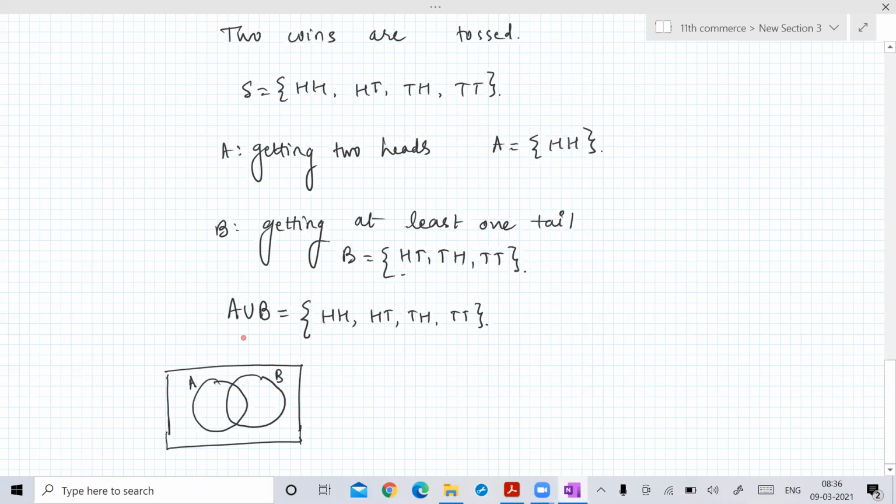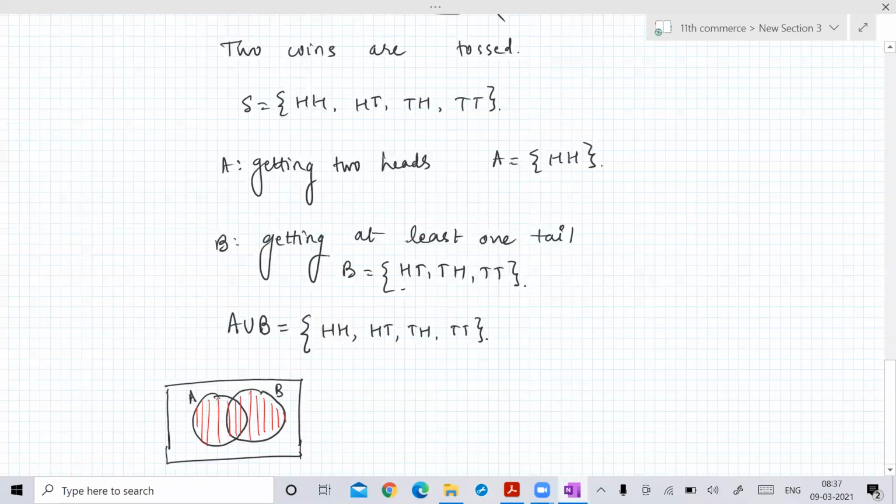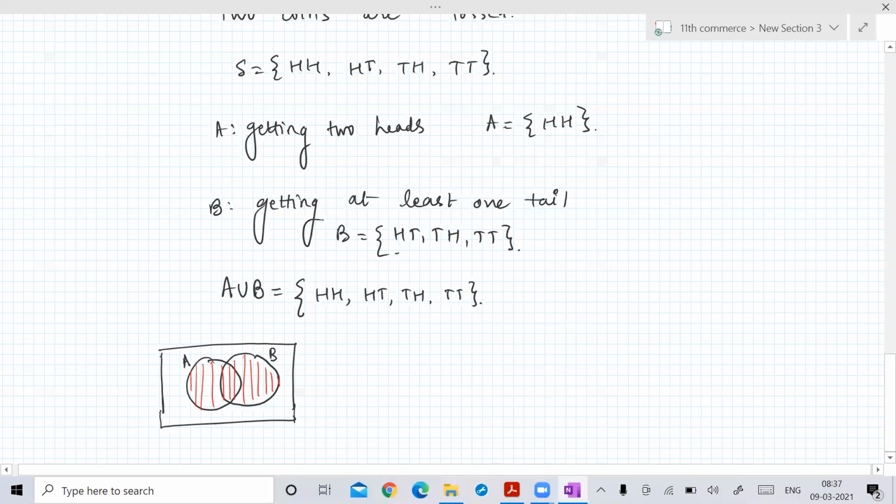It should contain A as well as B. So this is A union B. I'm telling you the Venn diagram representation as well, for your information.